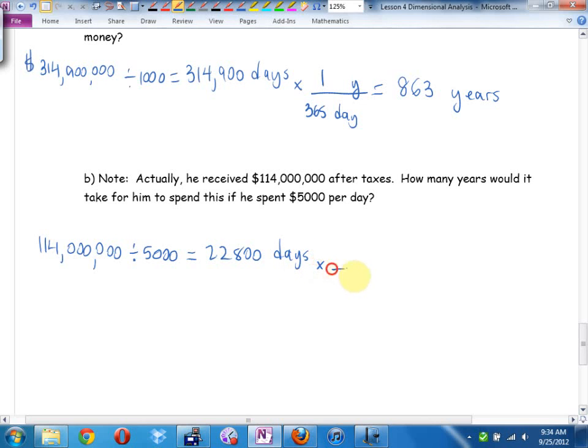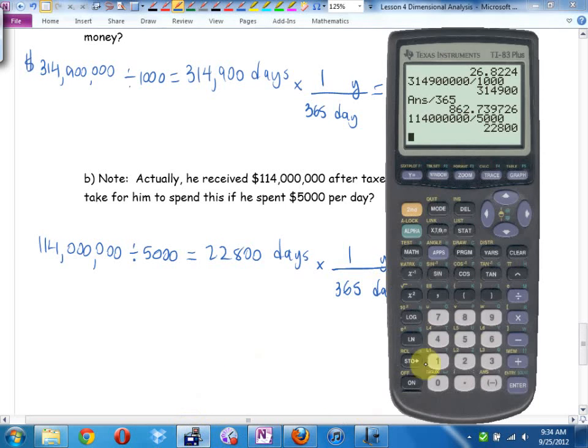And let's multiply it by our conversion factor to go to years. Divided by 365. If he does that, will he spend the money in his lifetime?